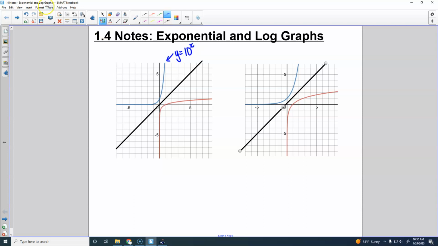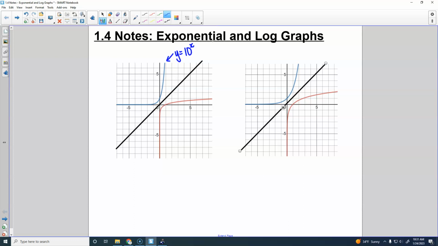Right? So that blue graph for your first graph, that is y equals 10 to the x power. I'm sorry, I was saying that backwards. I've written it correctly. 10 to the x power. Okay, so that is an exponential.